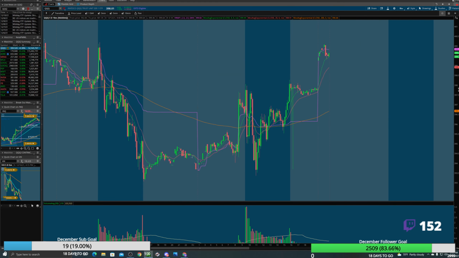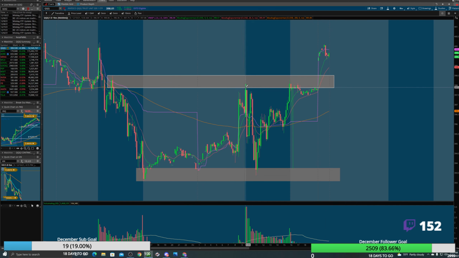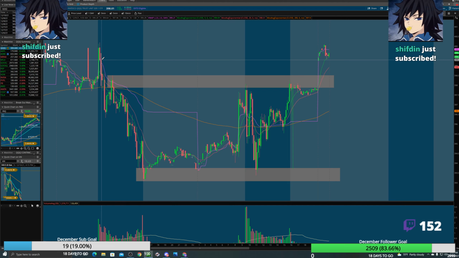We had this off of open. You could have marked this whole red candle as a demand, and you had this upper rejection wick right there. The supply was there very clearly, and the demand was there as well.